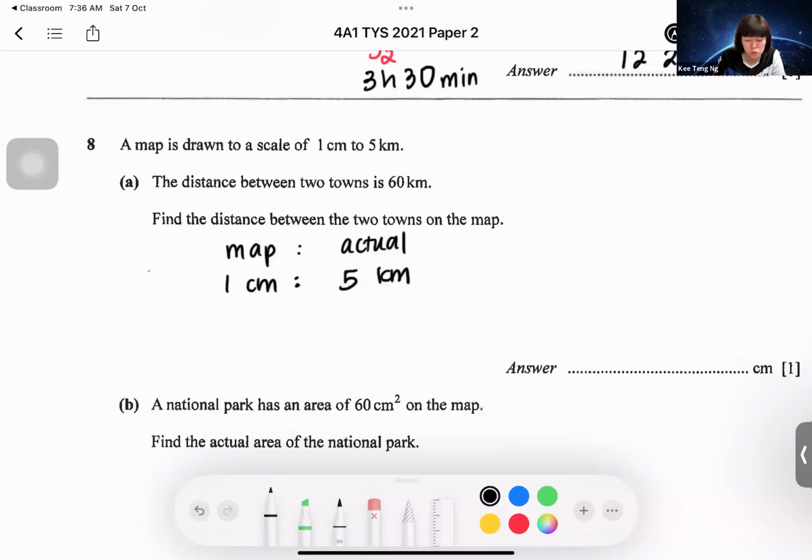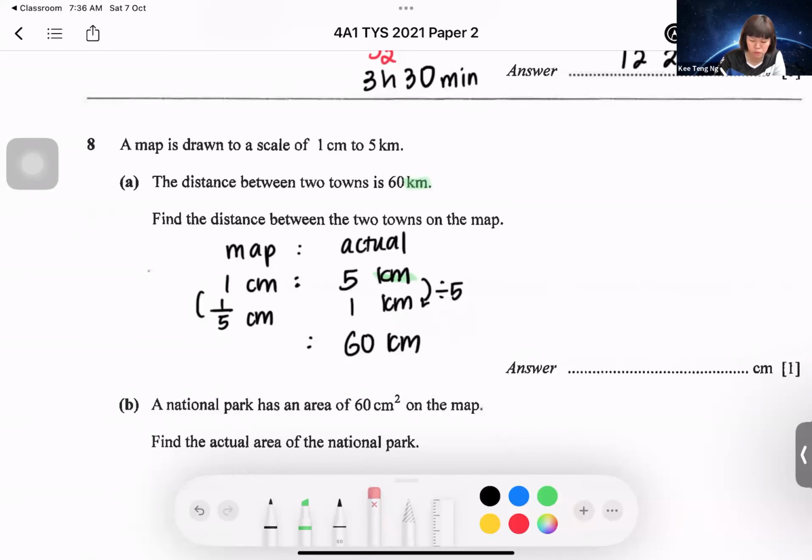The distance between two towns is 60 kilometers. Notice they give you kilometers, the actual distance, right? Then find the distance between the two towns on the map. So now I want to find what 60 kilometers is on the map. Some students will find 1 kilometer first. You divide by 5, right? So this is 1/5 cm.